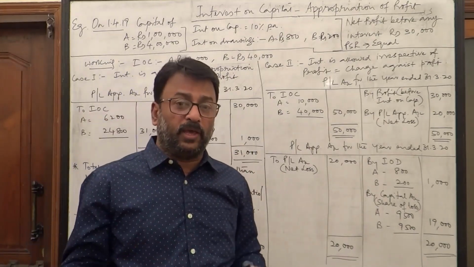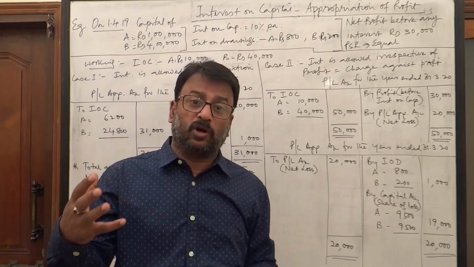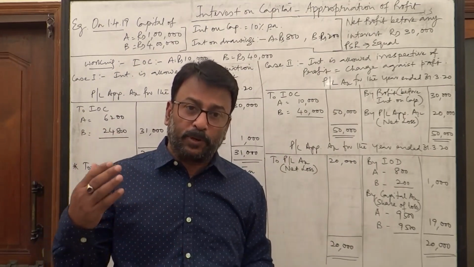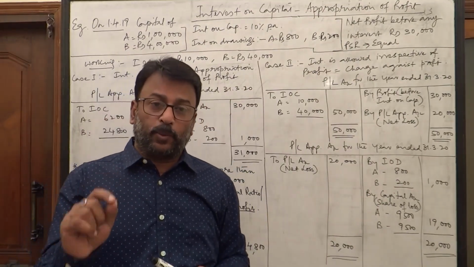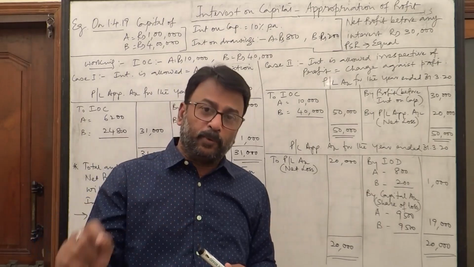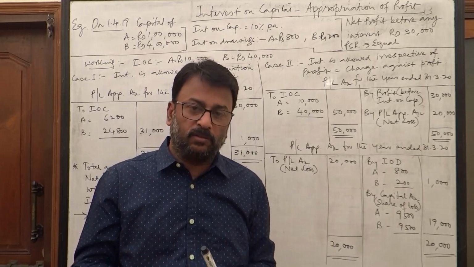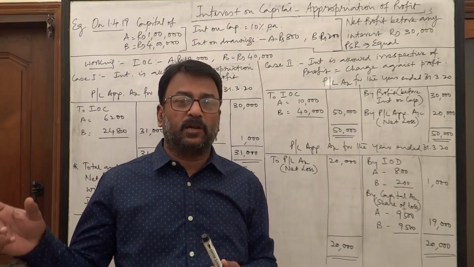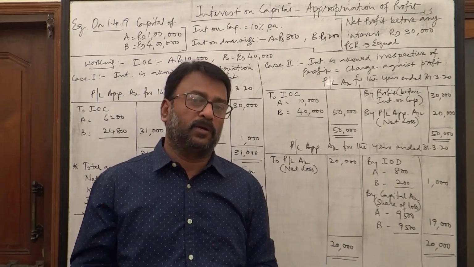So, in that way, a certain amount of net profit is appropriated in capital ratio. Again, I repeat, when one partner has contributed more amount of capital, he is a kind of loser in this business because PSR is same, but his contribution as capital is more than the other partner.